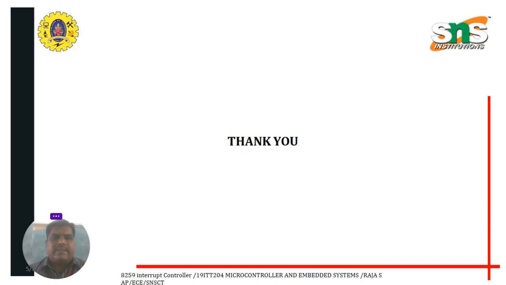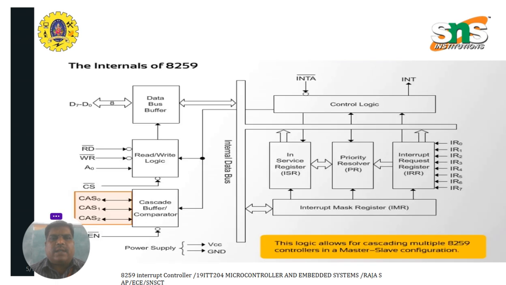Thank you for watching this video. In this video, I discussed the 8259, its types, and each individual block used by the 8259. The data bus buffer is used for communication between the 8086 and 8259. The read-write logic block is used for writing and reading operations between the 8259 and 8086.